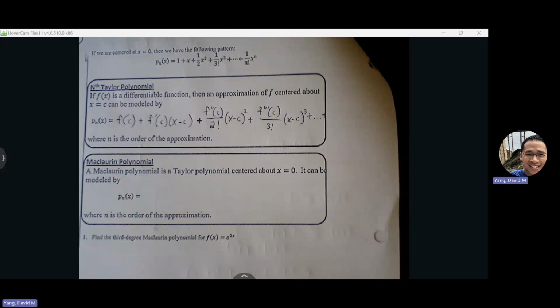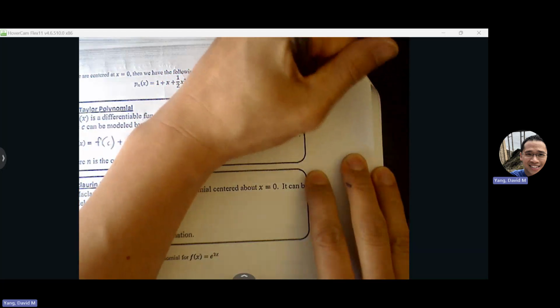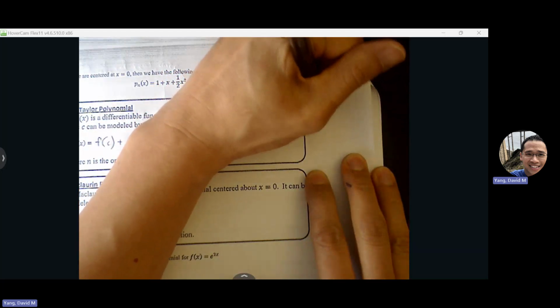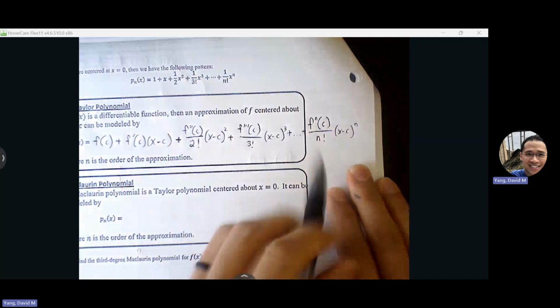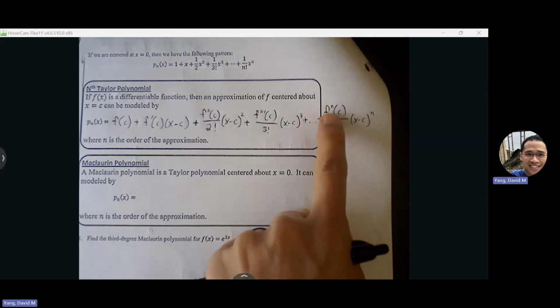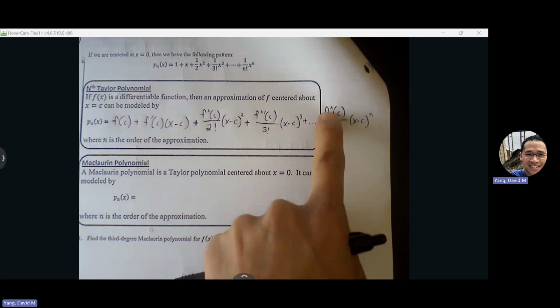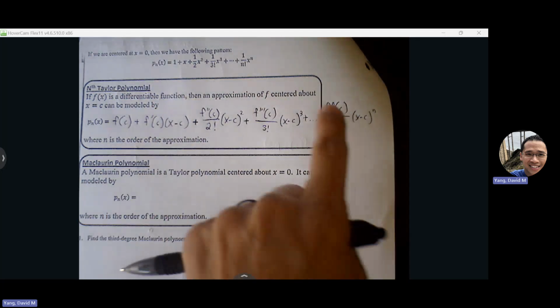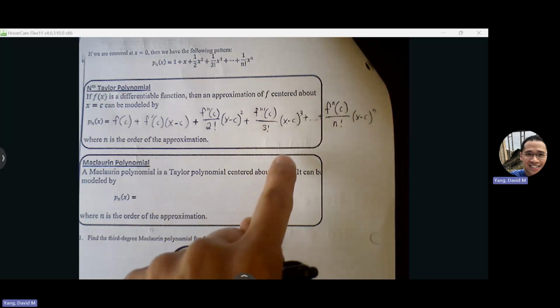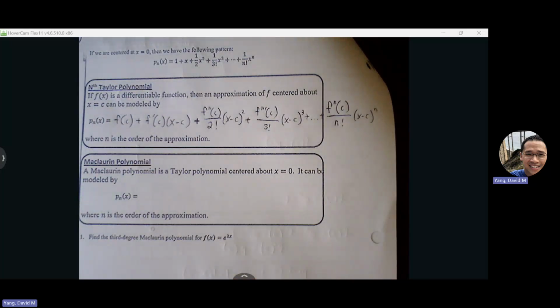And if we want to match it up to the 10th derivative, 11th derivative, 14th derivative, we keep going until the nth derivative, evaluated at c, over n factorial times x minus c to the n. So however many degrees we want to go up to, if we want a 14th degree polynomial, we'll find the 14th derivative and match it up with that. And the more information we give it, the more this polynomial is going to begin to look like the graph that we're trying to imitate.